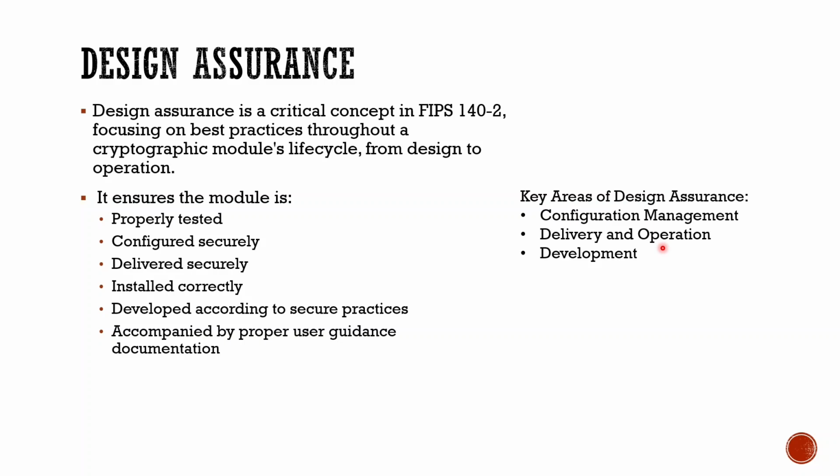The proper installation and initialization procedures are also mentioned. In level 1, the documentation specifies secure installation and startup procedure, while from level 2 to 4, the additional documentation details also provide secure distribution procedures for different module versions.